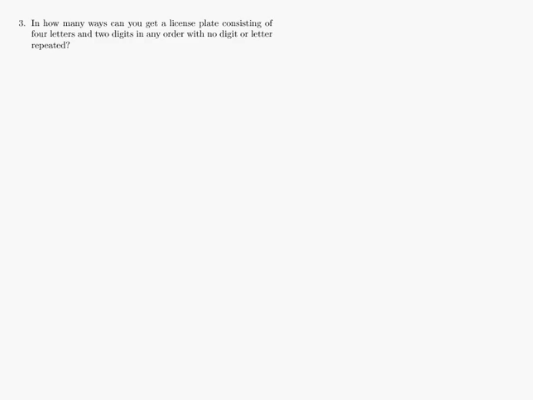In how many ways can you get a license plate consisting of 4 letters and 2 digits in any order with no digit or letter repeated? Now if we think about this, our 4 letters and 2 digits, there's an example of this type of license plate. We know, well, for letters, there's 26 times 25 times 24 times 23, or another way of writing that is permutation 26 choose 4.